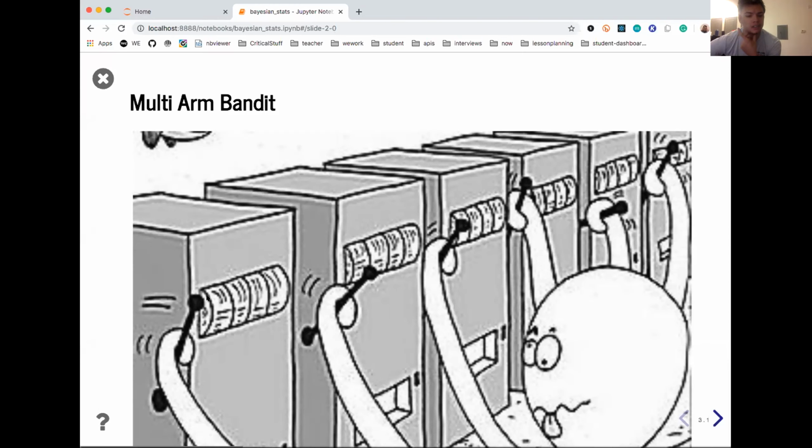Pros, I guess, are that you naturally optimize your returns, right? So if machine 4 pays out at a higher frequency, the way multi-arm bandit, if I understand it correctly, works is it'll just pull 4 more and more and more often until it's almost just pulling 4 all of the time.